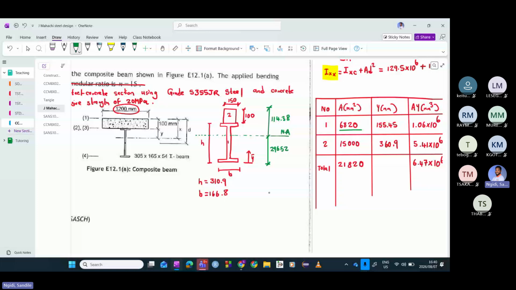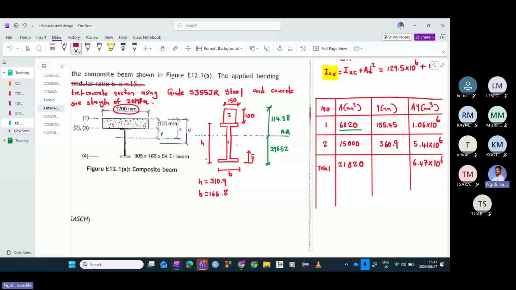All right. Speaking of areas, obviously you have to divide this shape into two, because there's a bottom shape that is made up of steel, and there's a top shape that is made up of concrete. So shape number one is the steel shape, and shape number two is the concrete section.